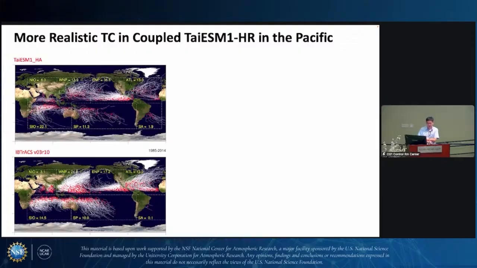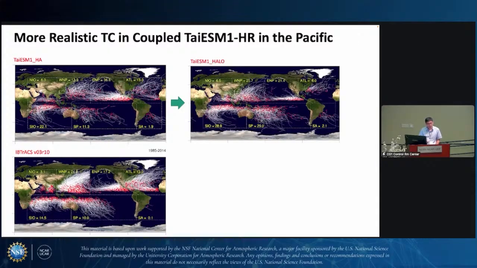When using the high resolution atmosphere model, we see that the number is quite comparable to observation, although in the Northwestern Pacific, the region that we focus on because Taiwan is here, the number is still too low, and we have too many TCs in the Eastern Pacific.